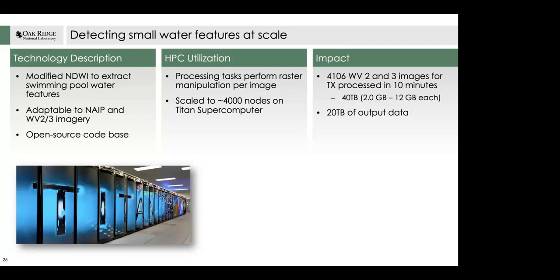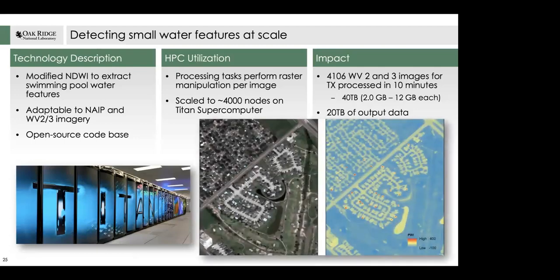And we were very concerned about Zika, okay? So Taylor took a very simple NDWI approach on this WorldView imagery and scaled it to 4,000 nodes on the Titan supercomputer and mapped every small water body in the state of Texas in 10 minutes.